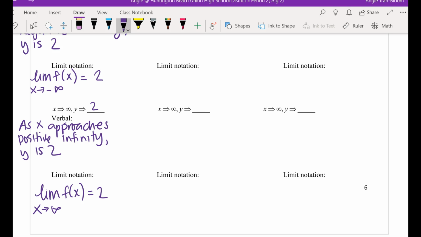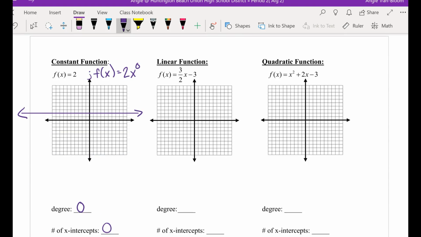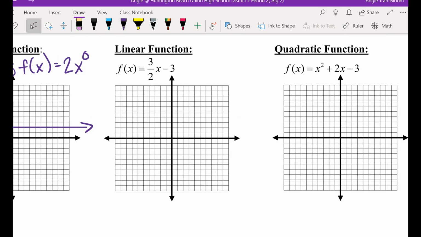All right, let's go and graph the second one. What does the second one look like? How would we graph that one? Tell me. Start at -3 on the y-axis. Perfect. What's your slope? 3 over 2. Go up 3 over 2.